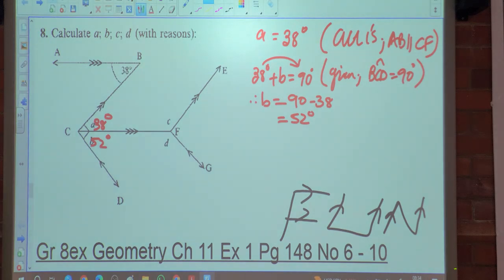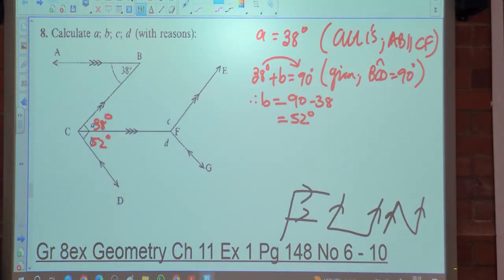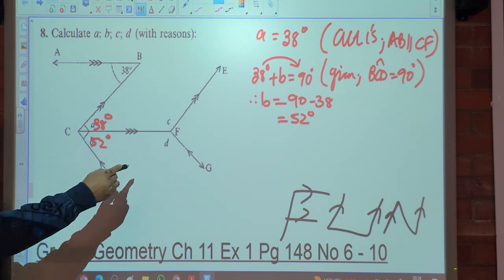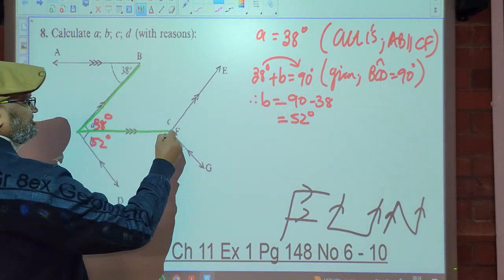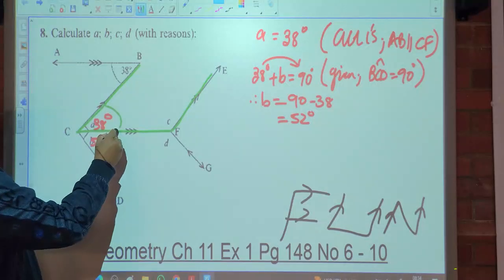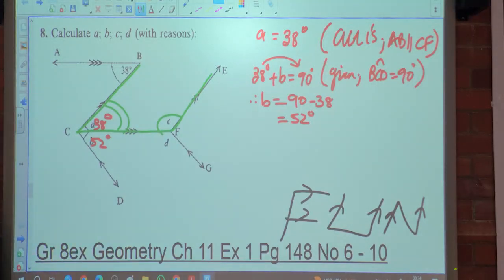Now we're going to calculate C. Go into the angles. Can you see that, people? So 38 plus C equals 180. Why?